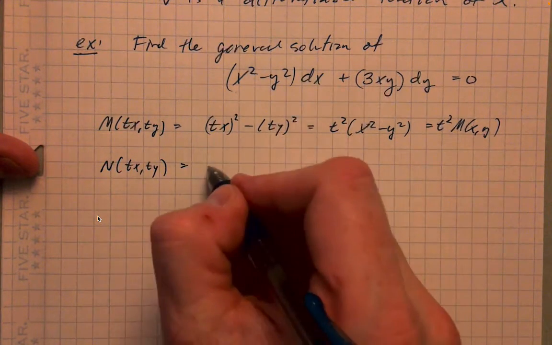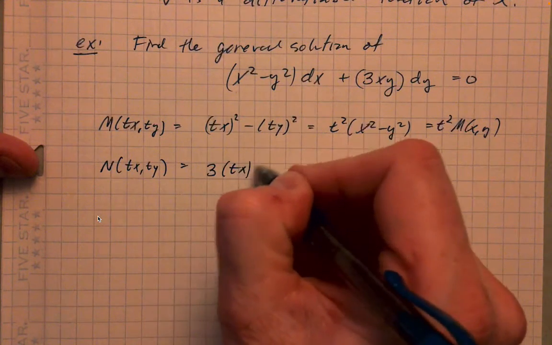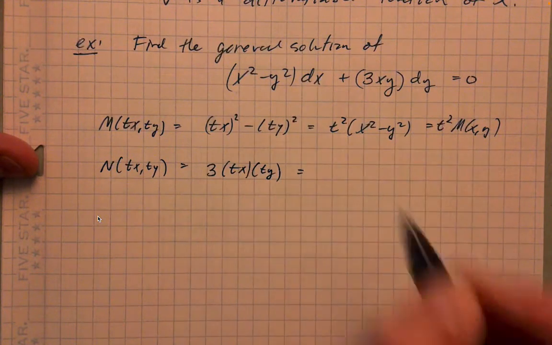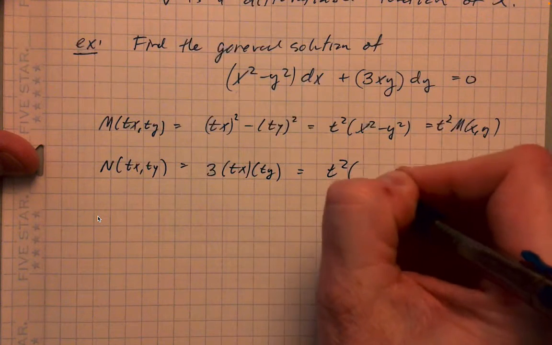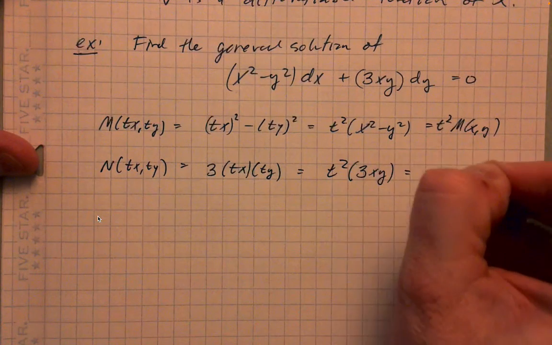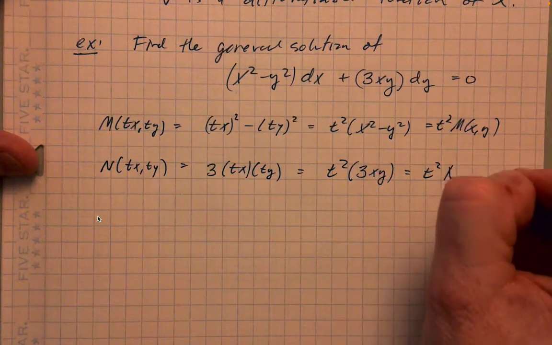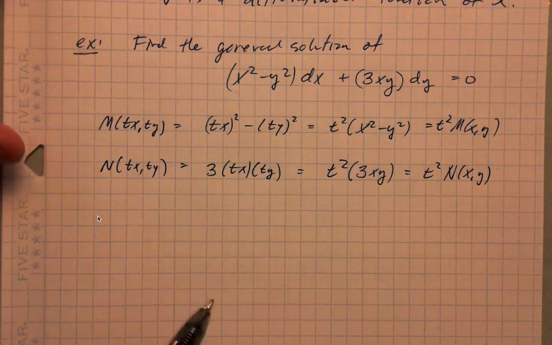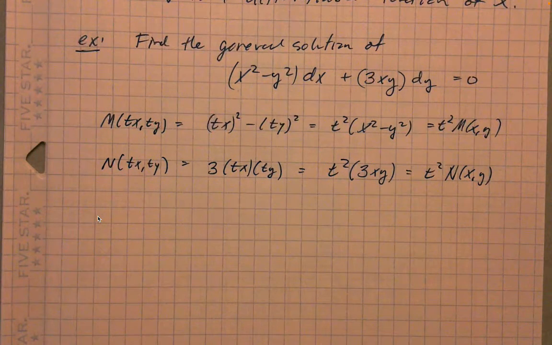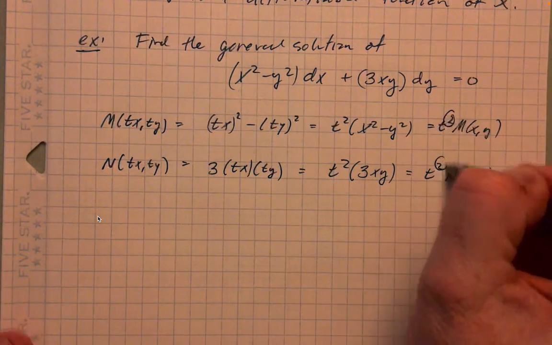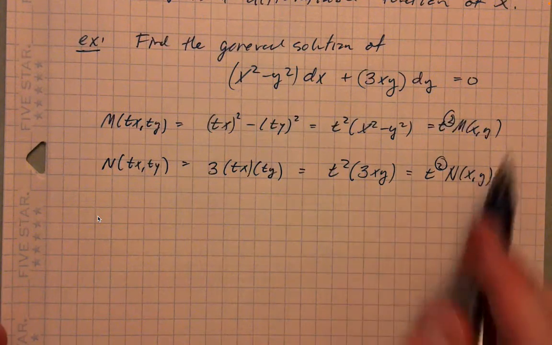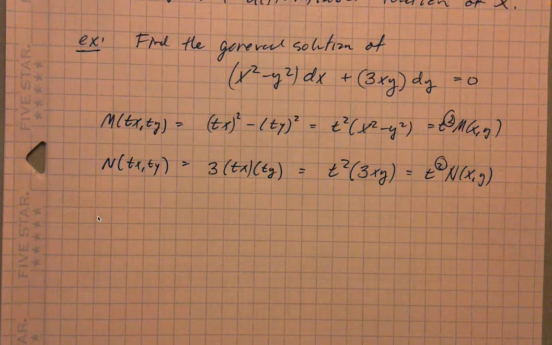And so that one is going to be 3 times tx times ty. And so that's t squared times 3xy. And so that again is t squared times n of xy. So you can see they're both homogeneous of degree 2.